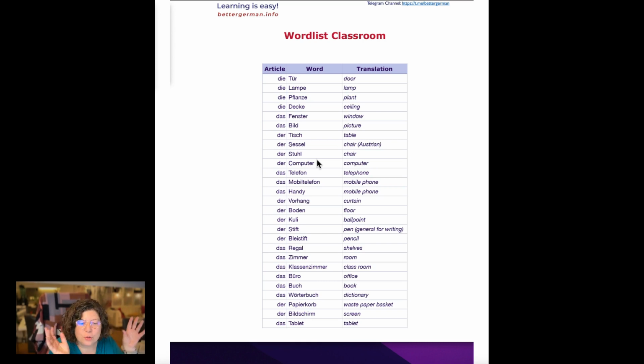As a general rule, you could say every Austrian will normally understand German German. However, we will sometimes use different words. So for chair, a normal chair that we sit on, that I'm sitting on now, in Austria we will say Sessel. I will tell you more about Austrian and German German at some point, just so you're not confused when sometimes you learn two different words.